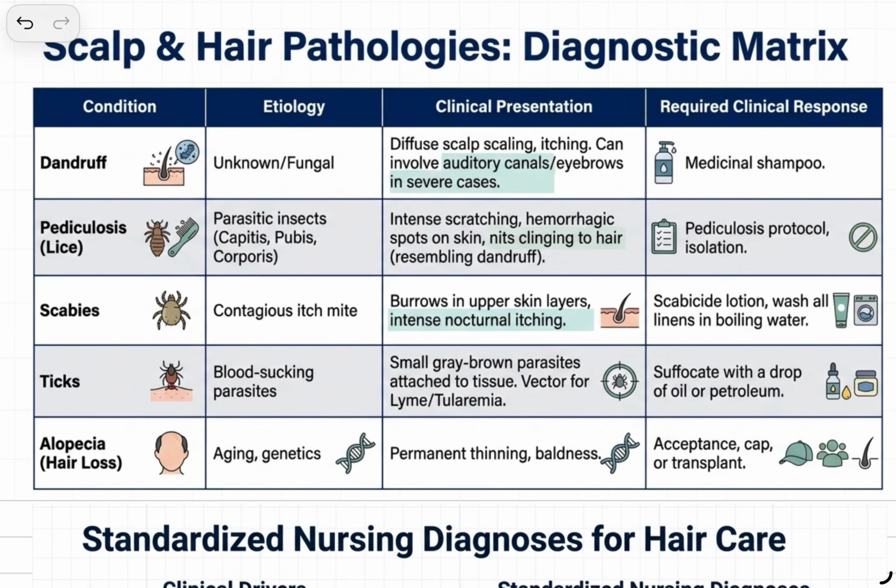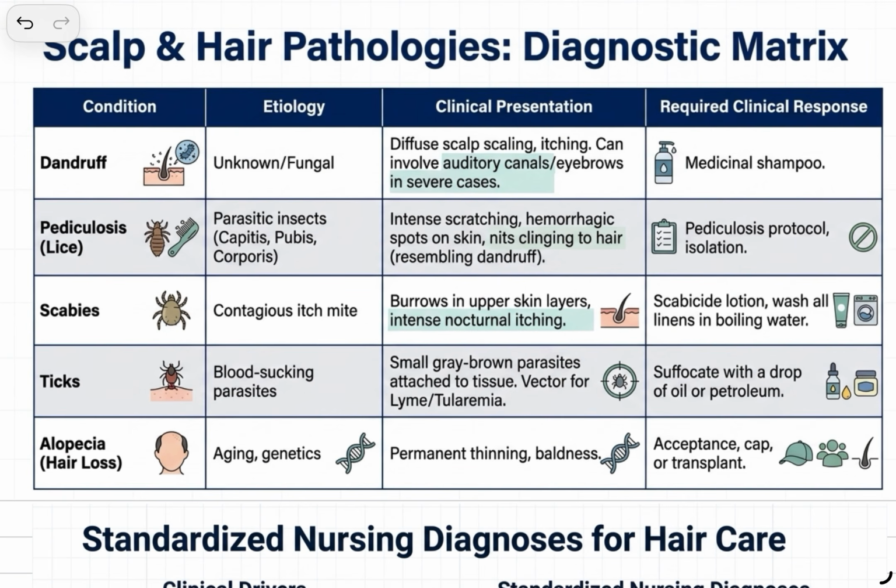Next one is pediculosis, which means lice, as is shown. This one is pediculosis where there is intense scratching and bleeding may also occur. Nits are the eggs attached to the hair follicle that will never get off unless you give vinegar or acetic acid shampooing.